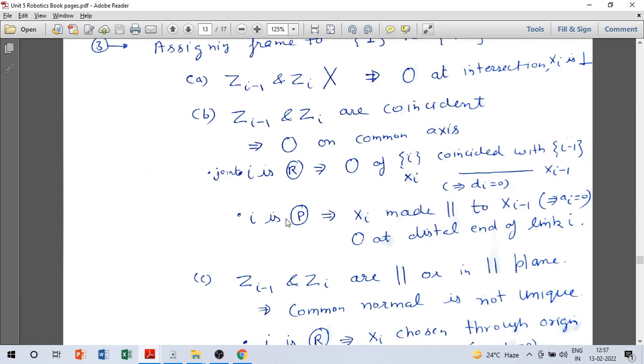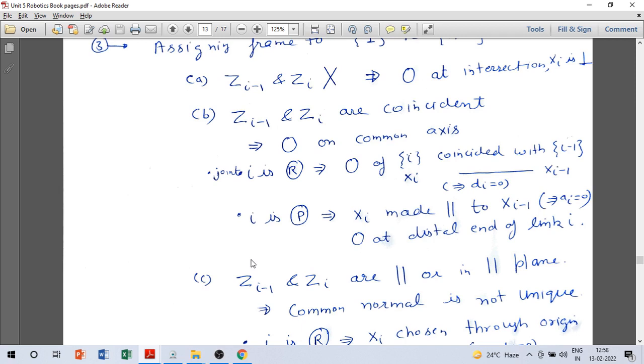But if joint i is prismatic, then x_i is made parallel to x_{i-1}, this also makes a_i zero, and the origin O_i of frame i is taken at the distal end of link i. We'll look at some examples. So that is if z_{i-1} and z_i are coincident.